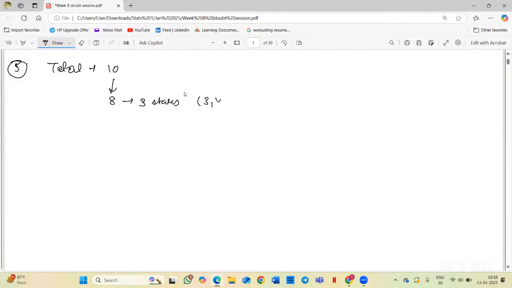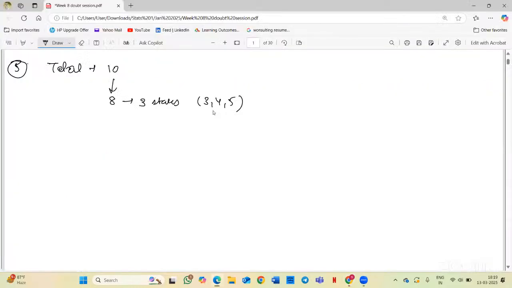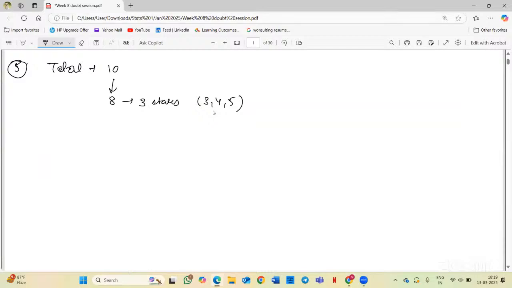That means they have 3 stars, 4 stars, and 5 stars. Now we have to calculate how many ways can they choose 5 participants such that at least 3 participants must have at most 3 stars. Ma'am, at most 3 stars means less than 3? At most 3 means maximum is 3, right? Yeah, sorry, my bad. 0, 1, 2, 3. Correct?